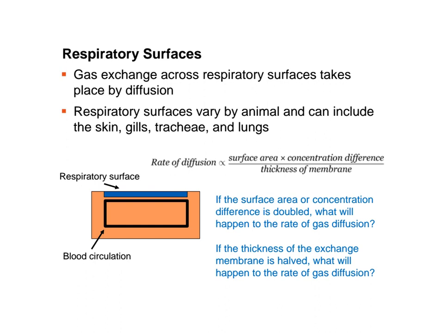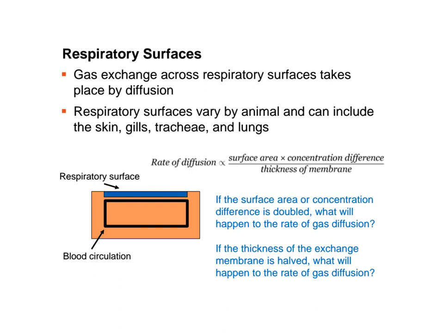We're showing, for example, a rectangular animal. It has a respiratory surface shown in blue here, and then I'm showing a simple circulatory system of some sort. And so the idea is that oxygen, for example, will have to enter through the respiratory surface by diffusion. It'll then be picked up by the circulatory system and then moved around the animal.